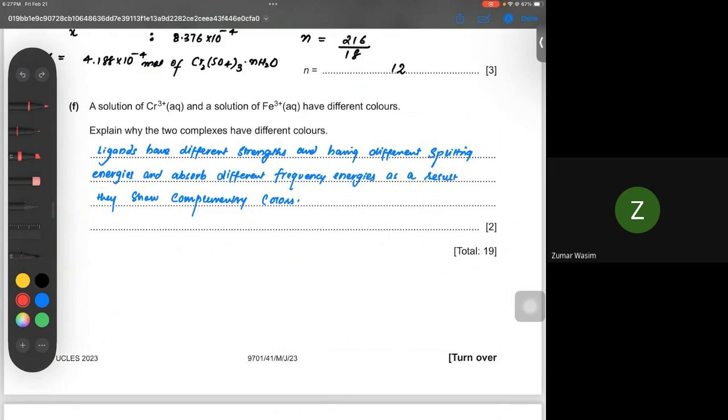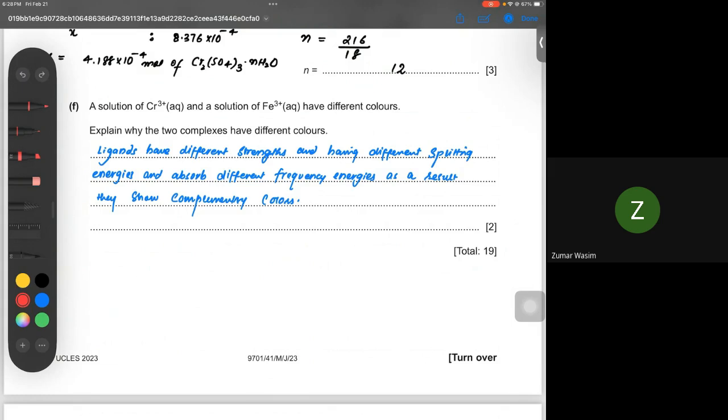So when it reacts with any of the metal cations, they would absorb different colors, obviously with different frequencies. As a result, they would show complementary colors. Basically, this is the concept of color theory, as I told you when we were discussing transition metals. So the ions show complementary colors.